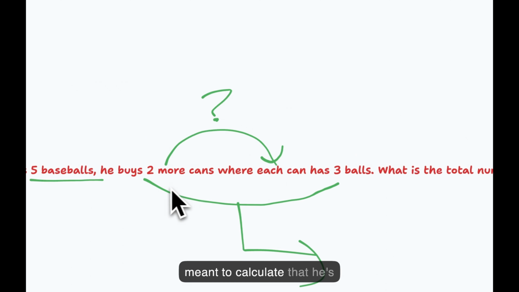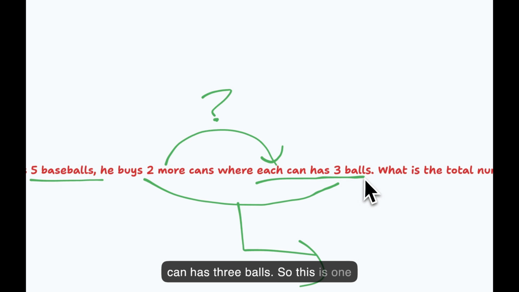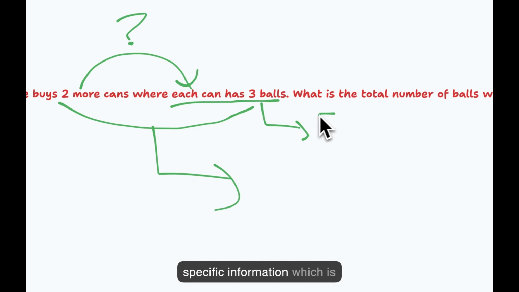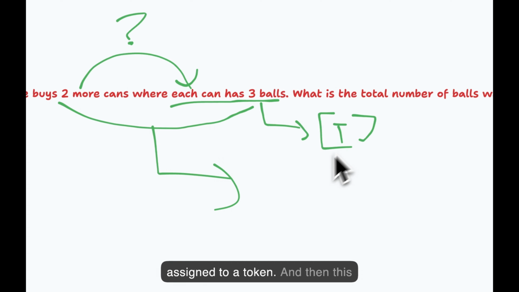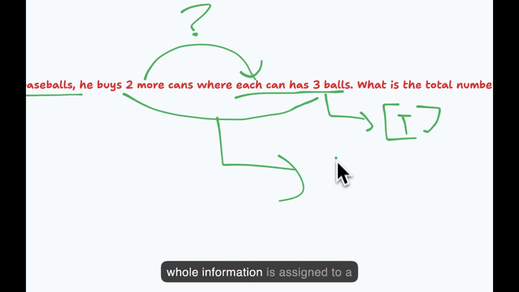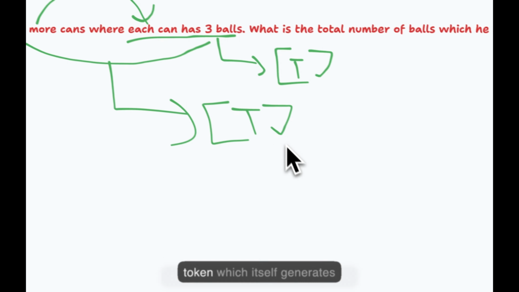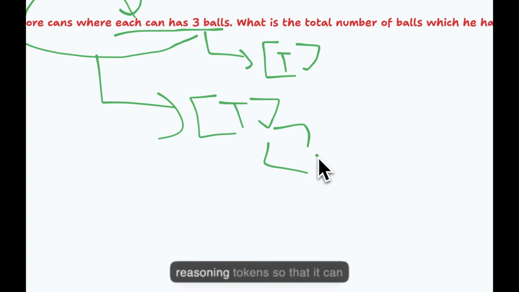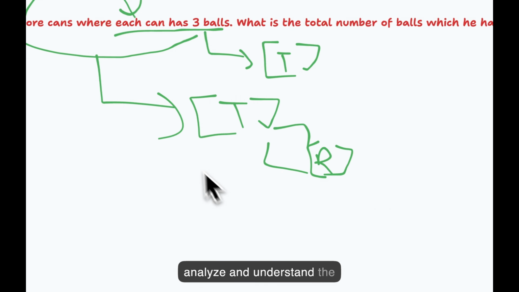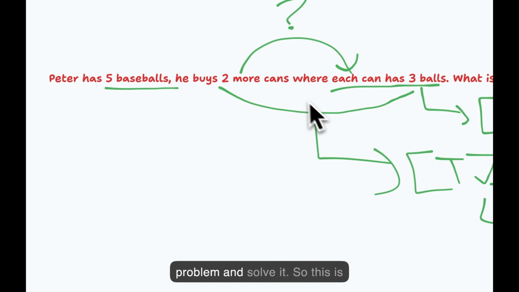How am I meant to calculate that he's buying 2 more cans and each can has 3 balls? So this is one specific piece of information which is assigned to a token, right? And then this whole information is assigned to a token which itself generates reasoning tokens so that it can analyze and understand the problem and solve it, right?